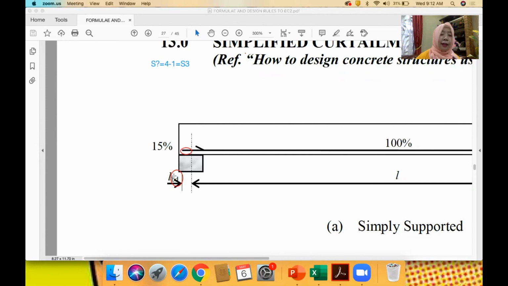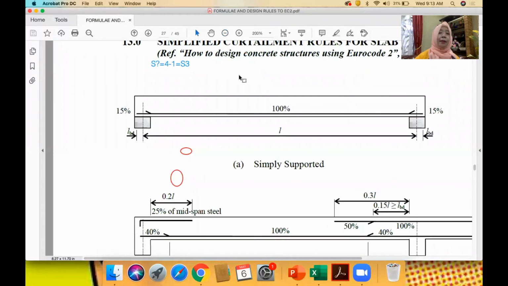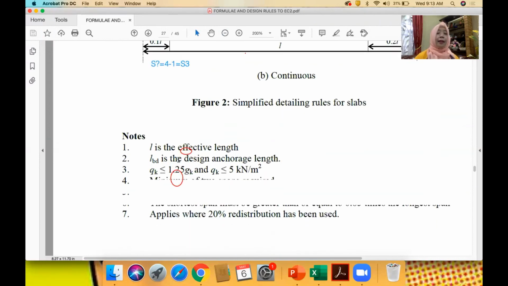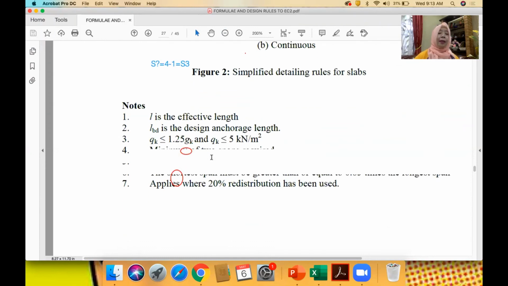This is called the anchorage length. It is to provide bonding between the concrete and the steel here. So what is LBD? LBD is the design anchorage length. You can find LBD in the detailing rule.